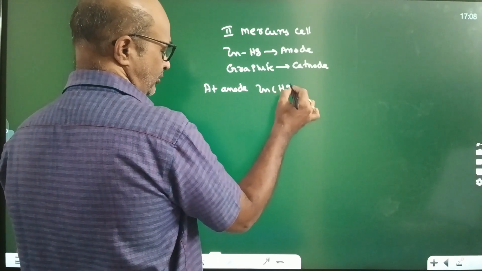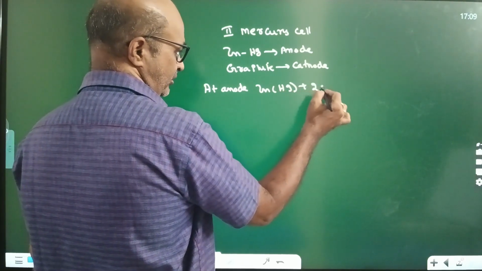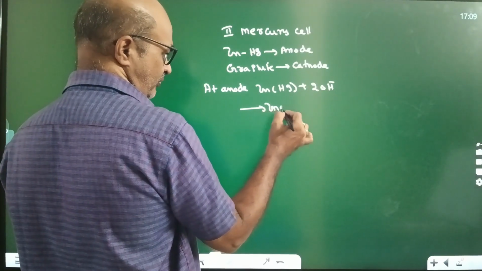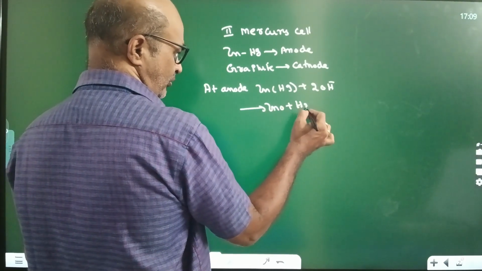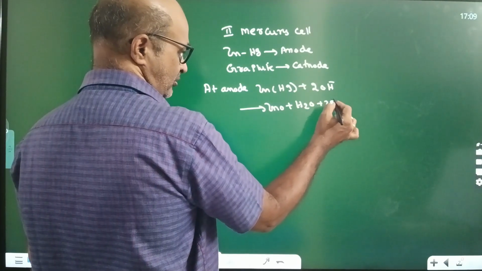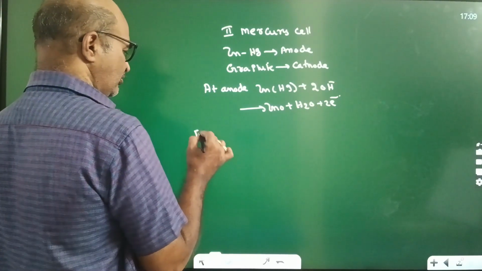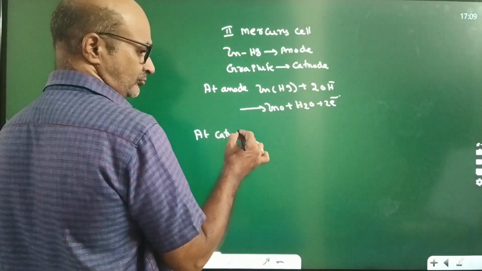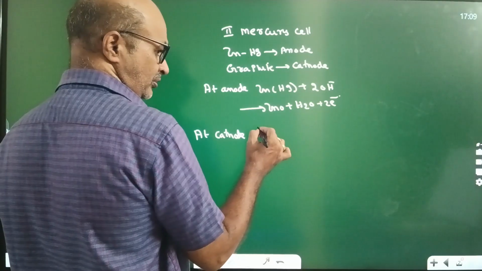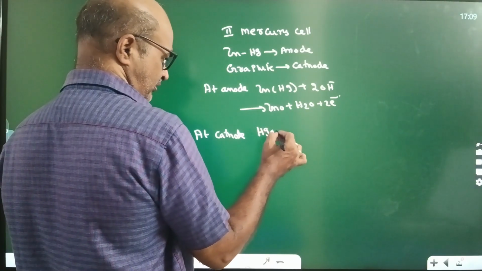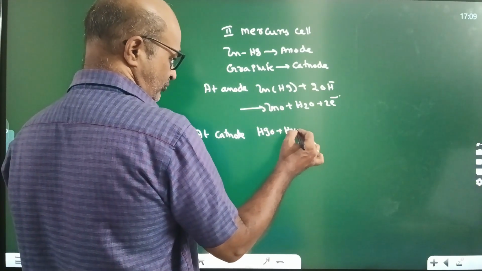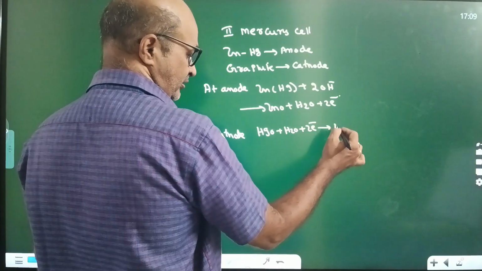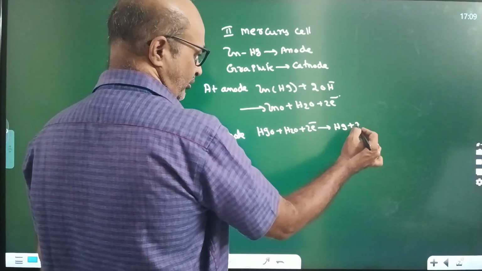At the anode, ZnHg plus 2OH- gives rise to ZnO plus H2O plus 2 electrons. At the cathode, HgO plus H2O plus 2 electrons gives rise to Hg plus 2OH-.